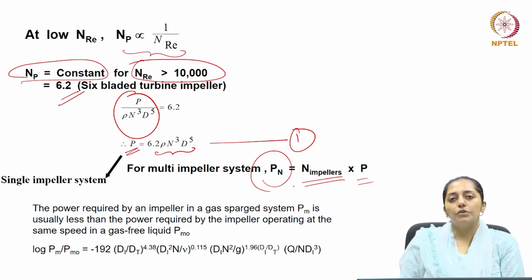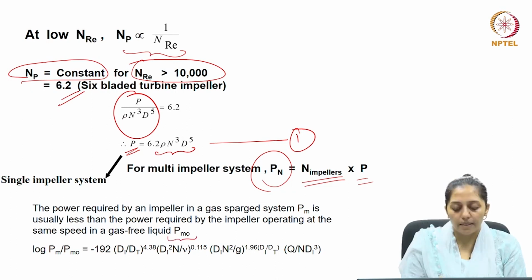Now, the power consumed by the impeller in a gassed system will be lesser than the power consumed in an ungassed system, because to reach a particular homogeneity, the gas sparging also helps in the mixing. So, the net power consumed therefore is less. So, the net power required by the impeller operating at the same speed in a gas-free liquid, let us assume it is P0.